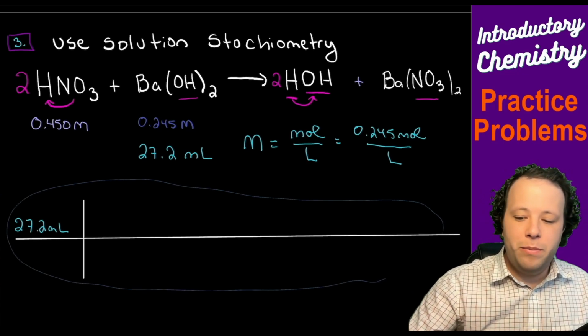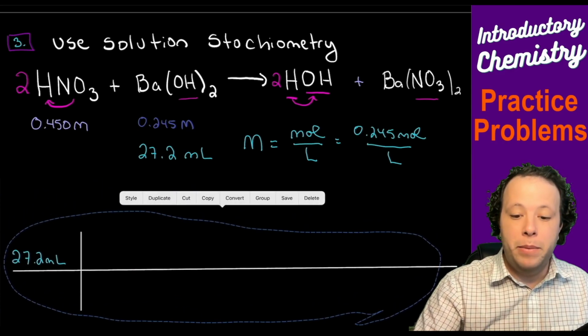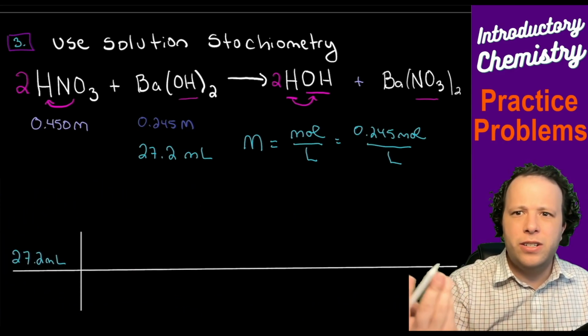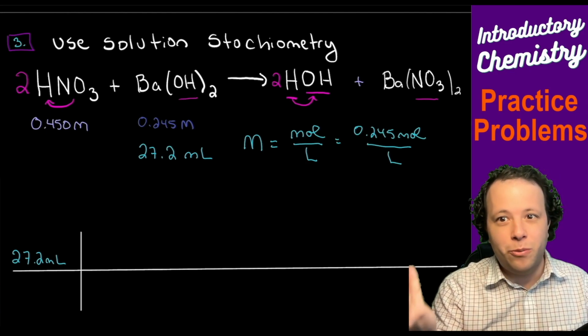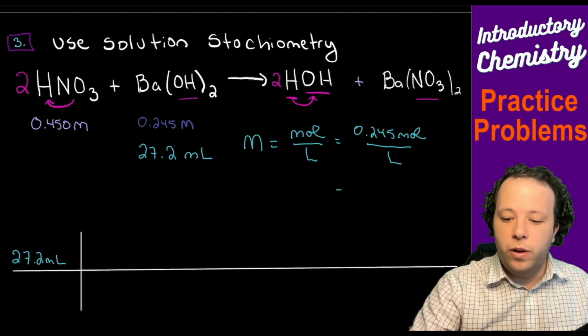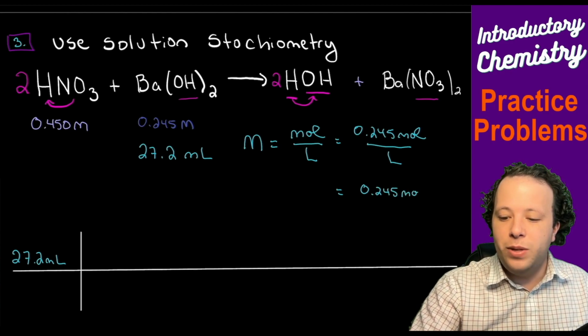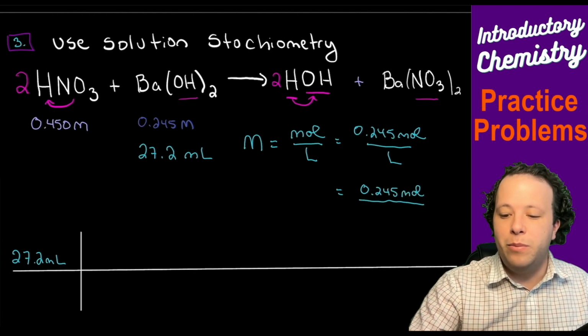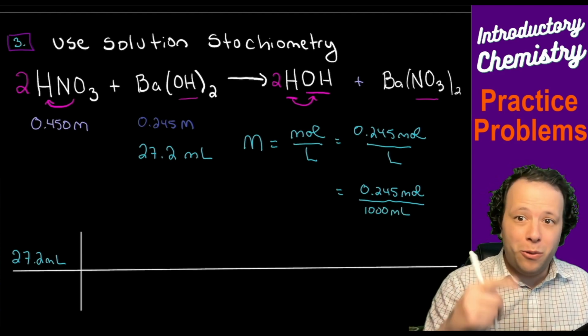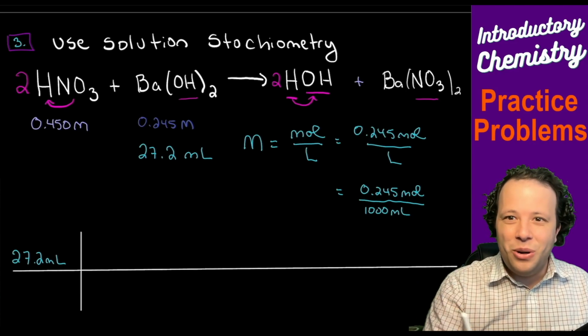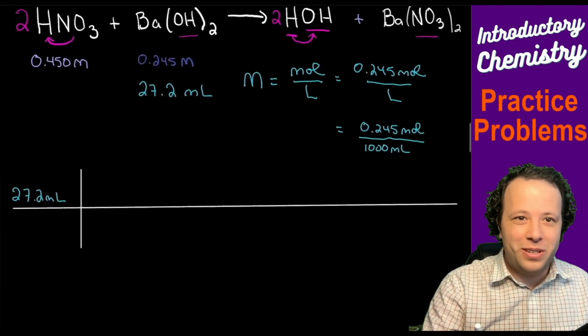If this problem has to be in milliliters, how many milliliters are in a liter? You might remember 1,000 milliliters is 1 liter. So we can actually represent this two ways. We can either say 0.245 moles over 1,000 milliliters or over 1 liter. It's a shortcut. So it's always good to have those little shortcuts for ourselves.